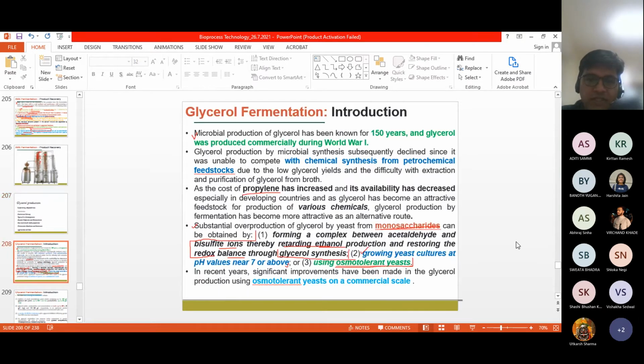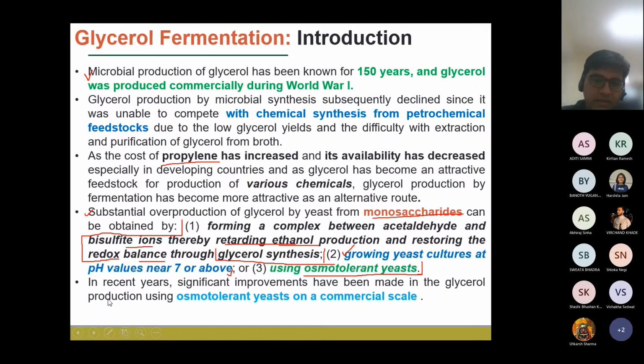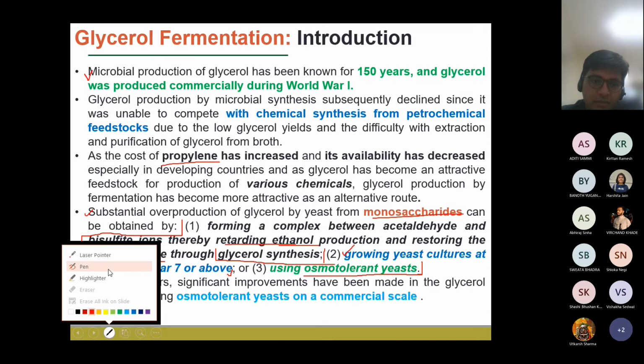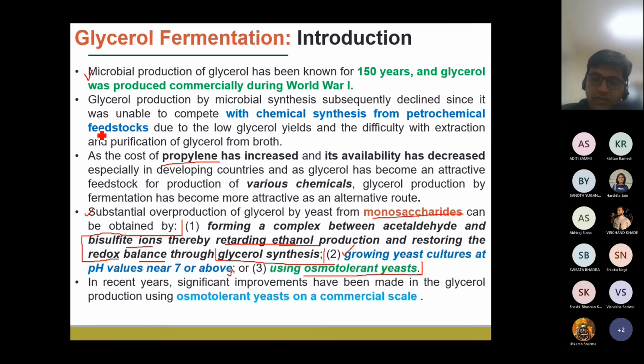We looked into a very basic introduction on the importance of glycerol. We discussed that glycerol production was originally based on the chemical synthesis route, but the production has now shifted from chemical processes to the biological route, through the fermentation process.